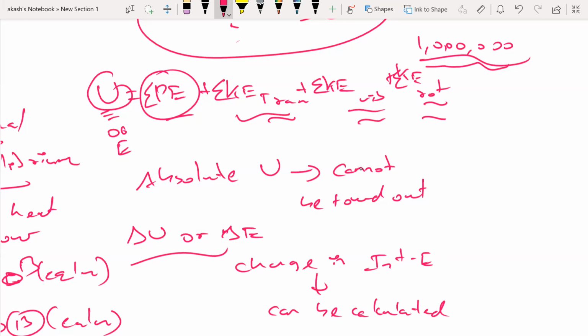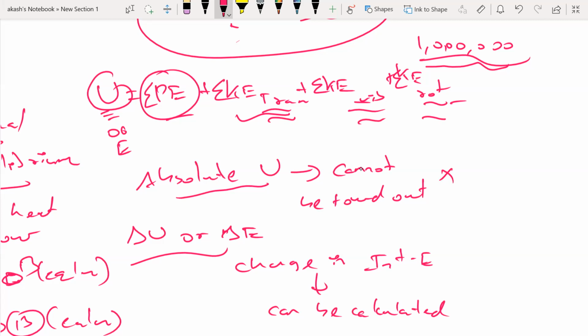I have to find that out, and find the kinetic energy associated with translational, vibrational, and rotational motion. This is for one molecule, and I have to do this for thousands, lakhs, and billions of molecules, right? They are very microscopic, first of all. Finding out at what position they are in and what kind of motion they are undergoing is impossible in reality, right? So that is why we say that absolute internal energy cannot be found out. Understood? Okay, sir, got it.